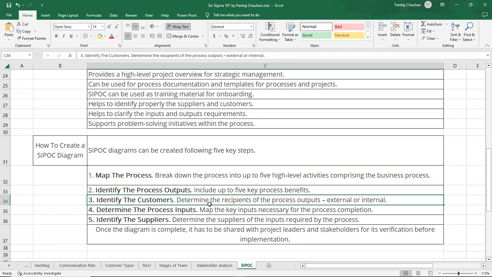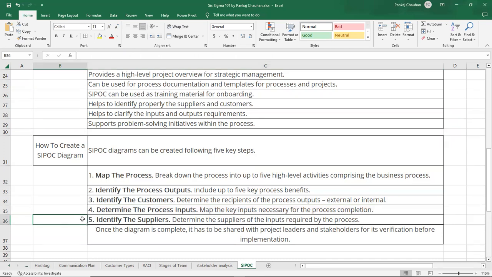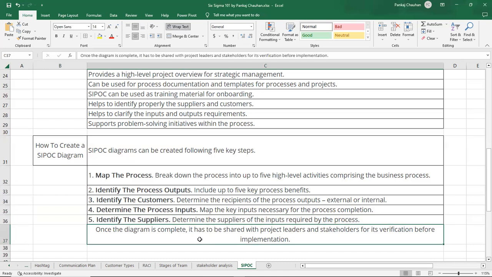Then, who is going to receive this output, which is called the customer. So identify the customer, determine the recipients of the process output, maybe external, maybe internal, maybe primary, or maybe secondary. Then you determine the process input, mapping the key inputs necessary for process completion, and then you identify the suppliers, determining the suppliers of the input required by the process.